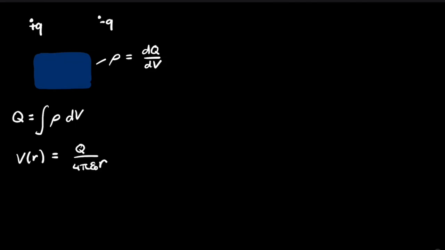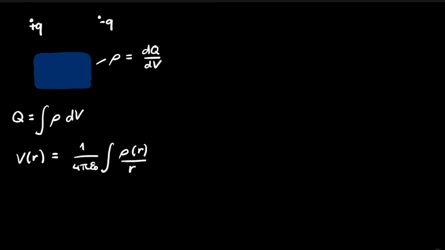So instead of that, we're going to get an integral. We're going to have to get rid of this charge and get rid of this R, because this R is actually now going to change across the region. So we're going to get 1 over 4 pi epsilon naught, and we're going to get the charge density, which is of course a function of the distance R, all divided by the distance R right here.